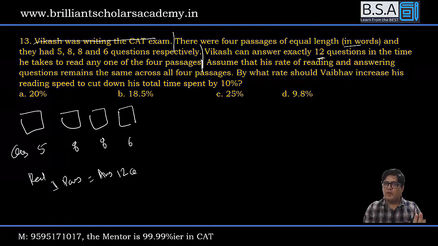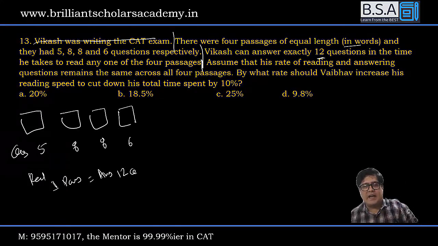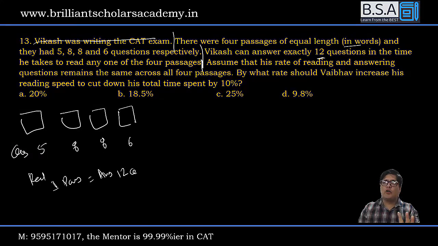Done? Now the assumption is coming. Assume that his rate of reading and answering questions remains the same across all 4 passages. The time required to read and answer a question is the same across all. Here reading and answering one question, here reading and answering one question, the time is the same across all 4 passages. Have you read it so far? By what rate should Vaibhav increase? Not Vaibhav, Vikash.